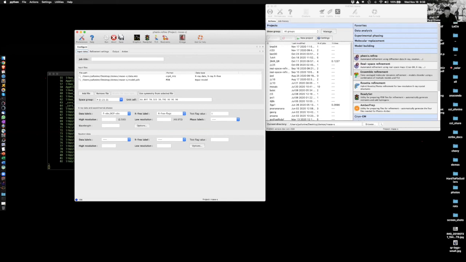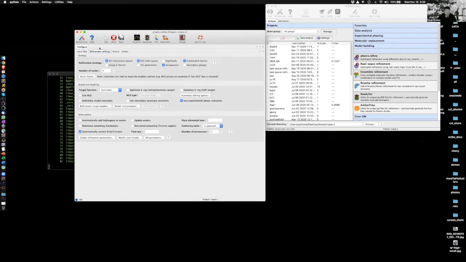It can refine against X-ray and neutron data simultaneously. That's quite a special situation. You can provide and load in your neutron data, and then refine against both X-ray and neutron data.